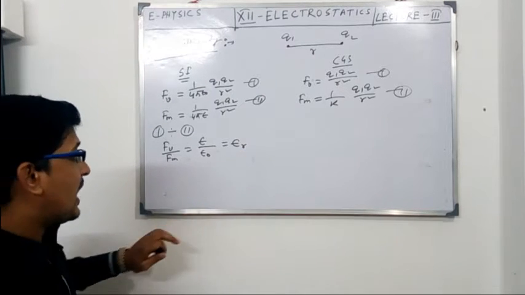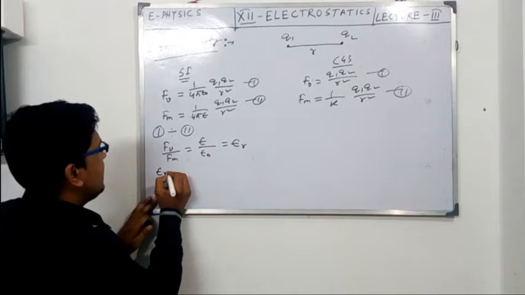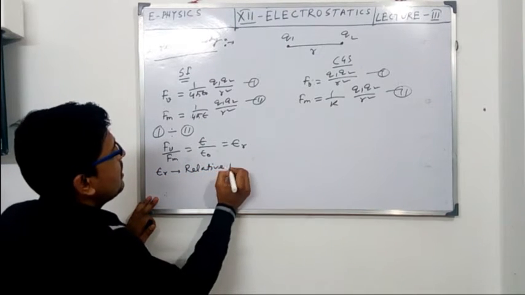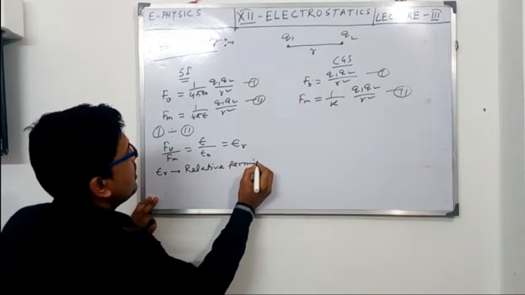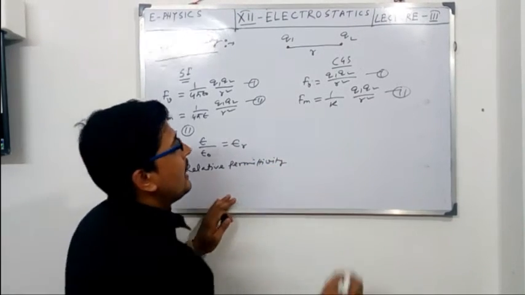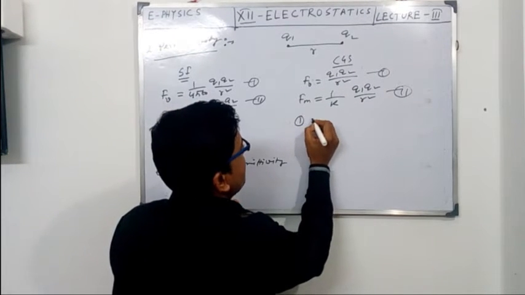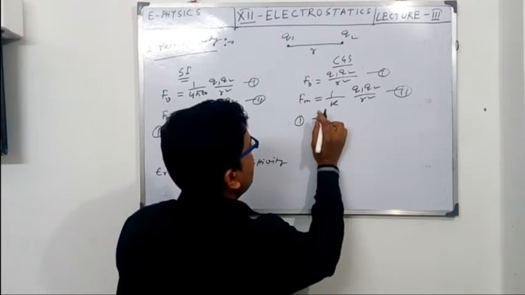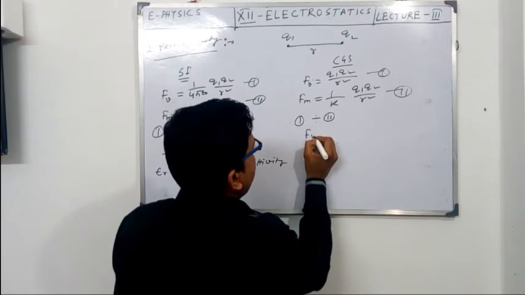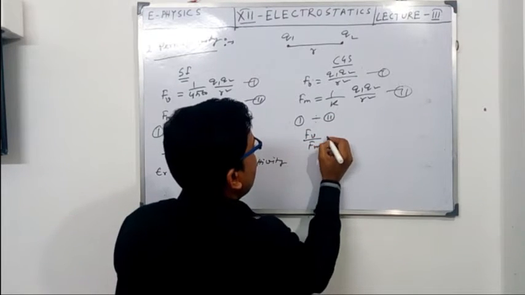This is epsilon r, and this is known as the relative permittivity.